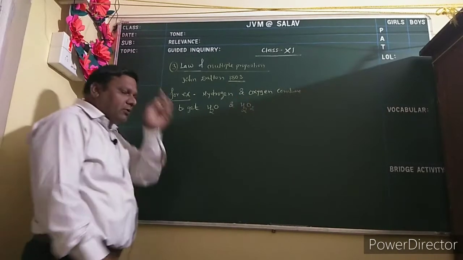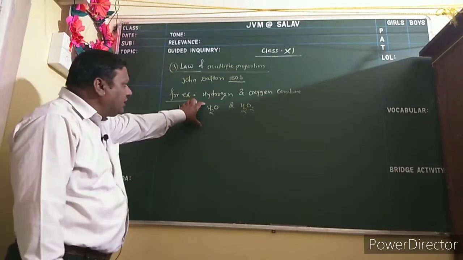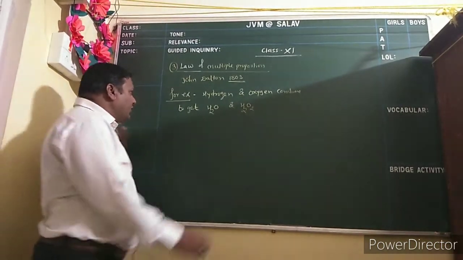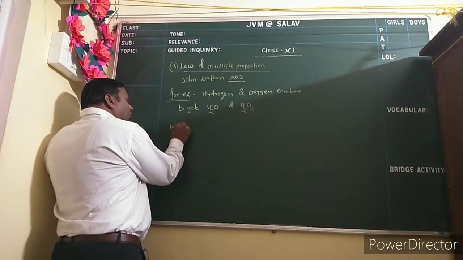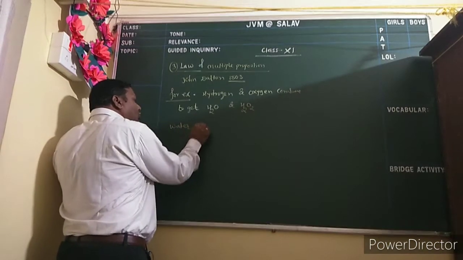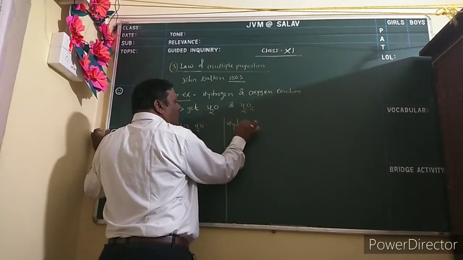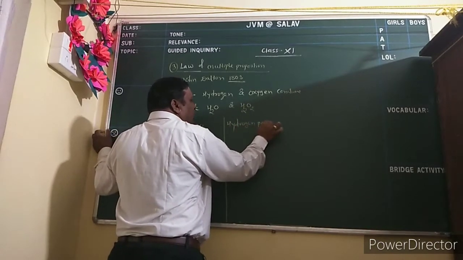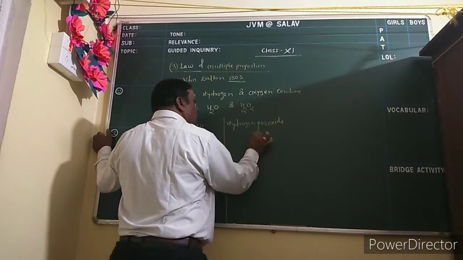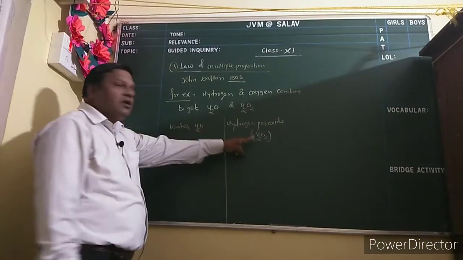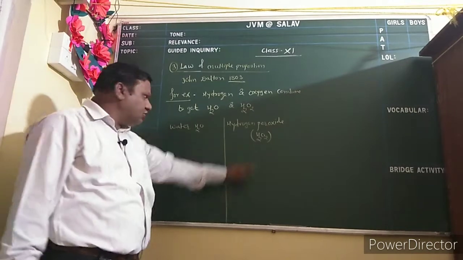Two examples: H2O means water and H2O2 means hydrogen peroxide. Okay, here water, H2O, and hydrogen peroxide, H2O2. But here also we have hydrogen and oxygen, here also we have hydrogen and oxygen.